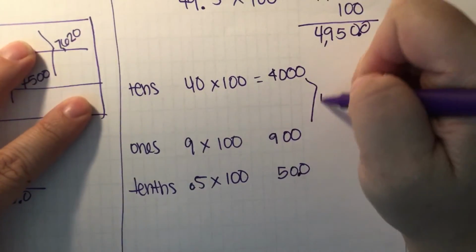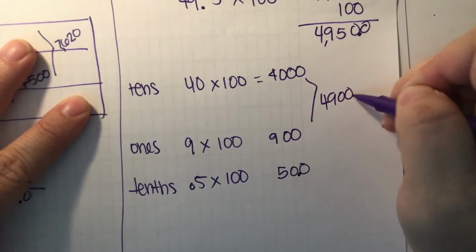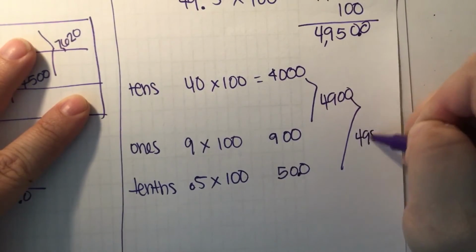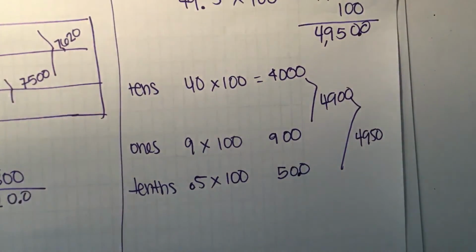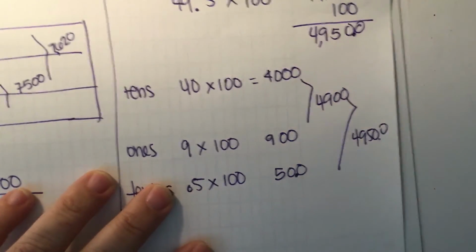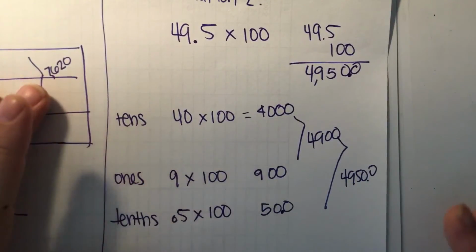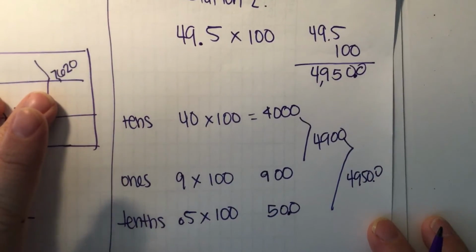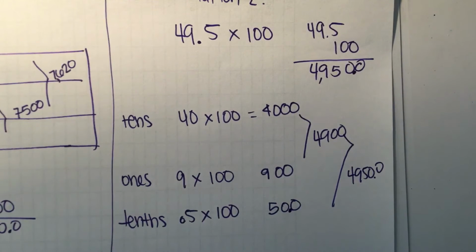So I know this is 4,900, and then these two are 4,950, okay? I can put my 0.0 there if that makes you comfortable. It is not required or necessary at this point.